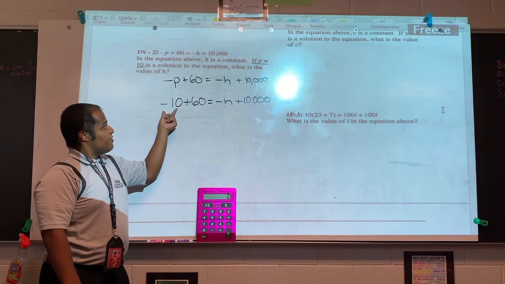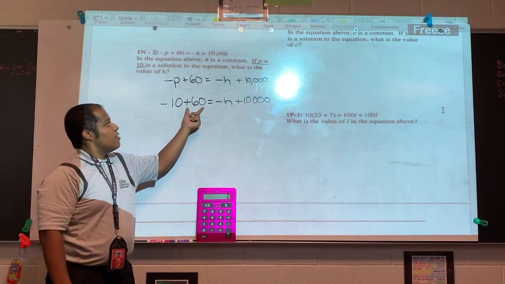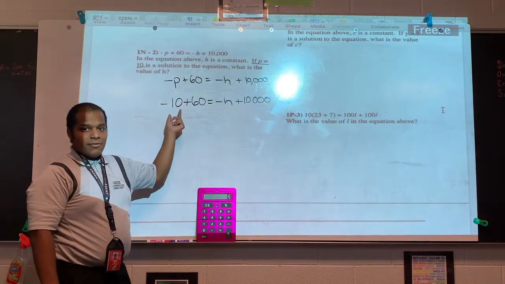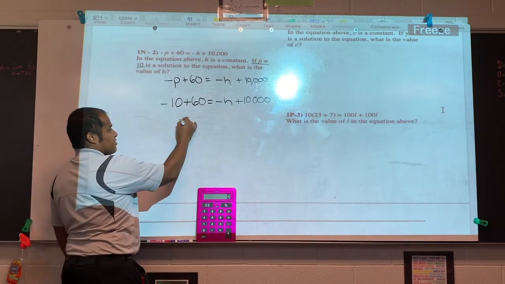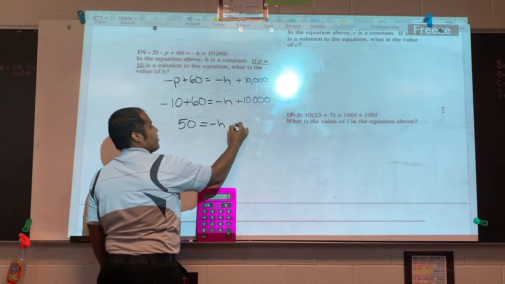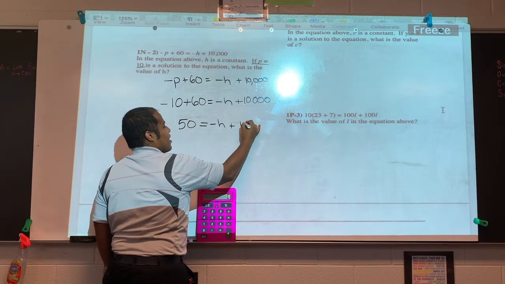I am going to do negative 10 plus 60. It's a little weird to see it this way, so if it helps you, we can think of this as positive 60 minus 10. Positive 60 minus 10 gives us 50. We've now simplified our left side. Plus 10,000.